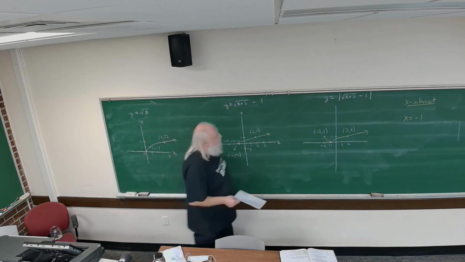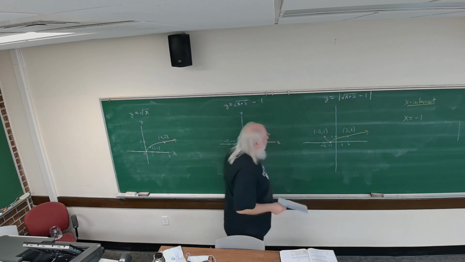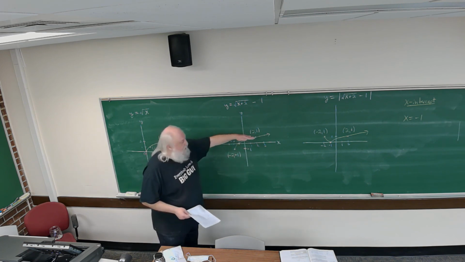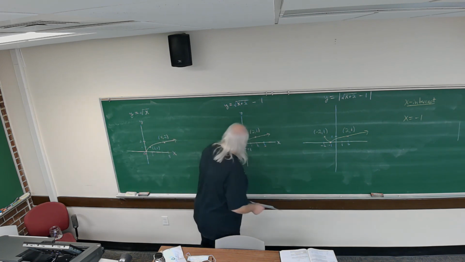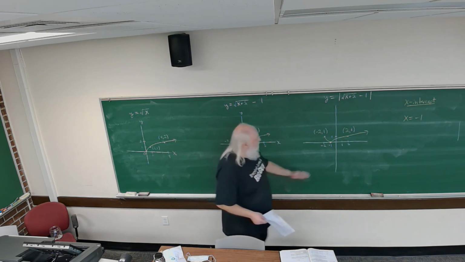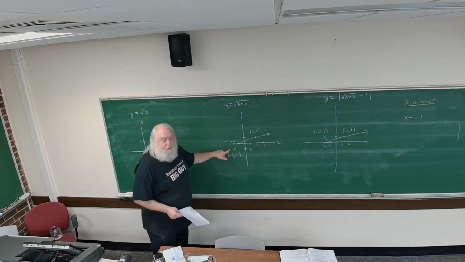Now to find the graph of y equals the absolute value of the square root of x plus 2 minus 1, everything that is above the x-axis stays the same. So everything to the right of x equals -1 is above the x-axis. So that stays the same. What changes is what's below the x-axis.